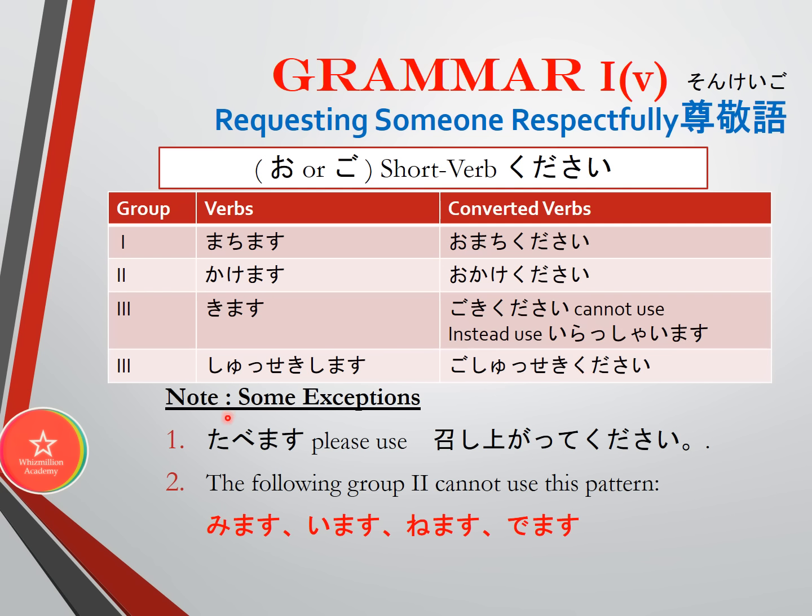For some exceptions, such as tabemasu, those words that have a sonkeigo equivalent like tabemasu, shirimasu, imasu, you may simply use the sonkeigo converted verbs instead of the original shortened verbs. So for example, tabemasu, instead of using o tabe kudasai, it's more polite to just use meshiagatte kudasai.